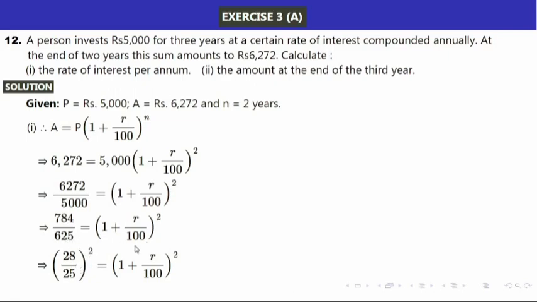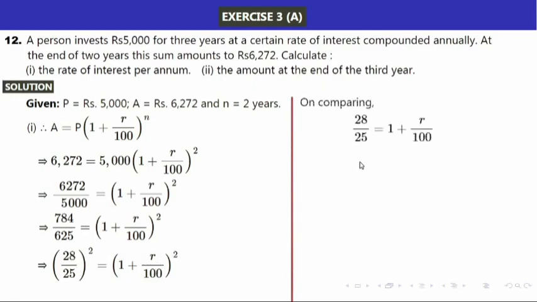Now again, like last time, we will compare. See, the powers are same, so we can equate the bases. On comparing you get this much, and when you solve it, bring 1 here and do the simplification. On solving, you get the value of R to be 12%.